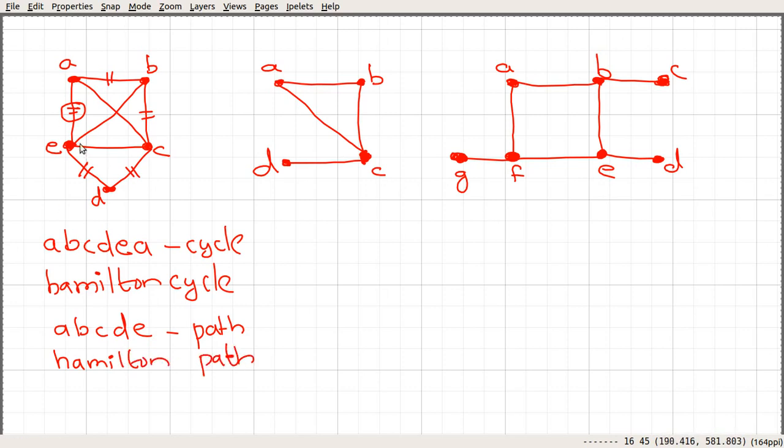And since this graph has a Hamilton cycle, this graph is a Hamiltonian graph.